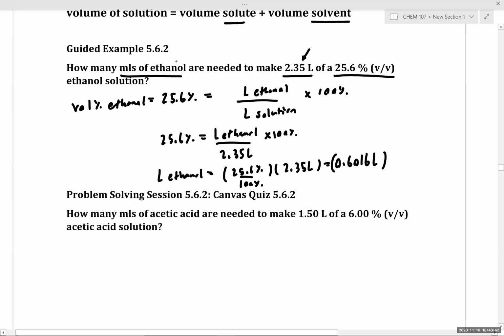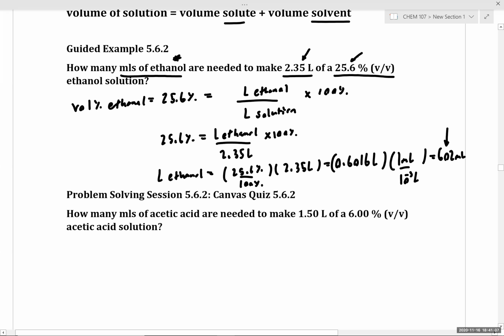And keep in mind, the question is asking for the volume in milliliters, so we need to convert. So in 1 milliliter, there are 10 to the negative third liter. So that in turn gives us 602 milliliters.